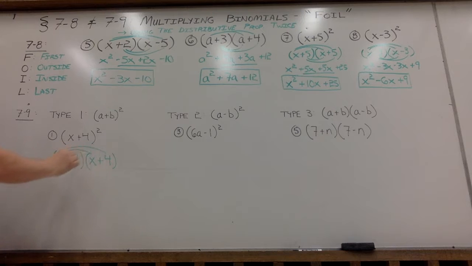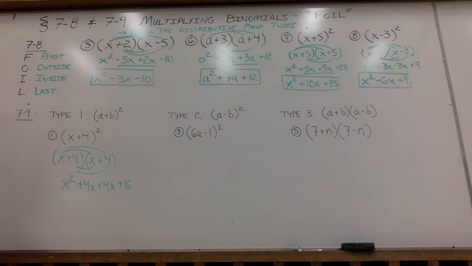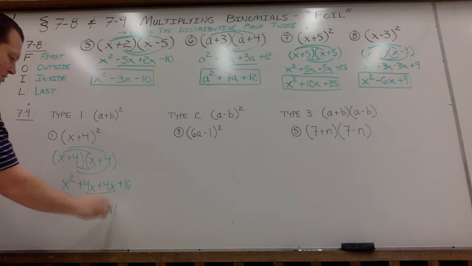So I've got first, outside, inside, last. X times x, x squared. Outside, x times 4, 4x. Inside is another 4 times x. And finally, last, 4 times 4 is a sweet 16. My like terms, 4x and 4x, will give me 8x. So x squared plus 8x plus 16.